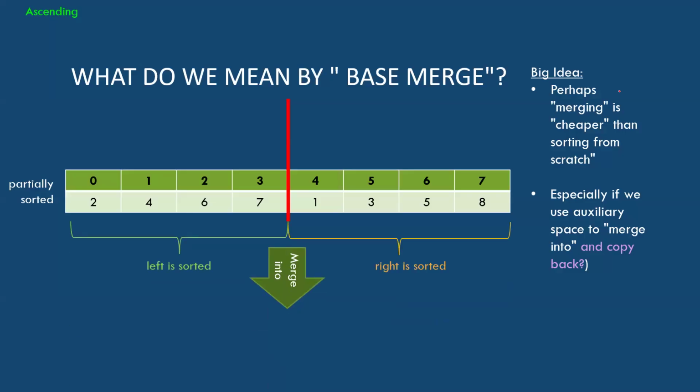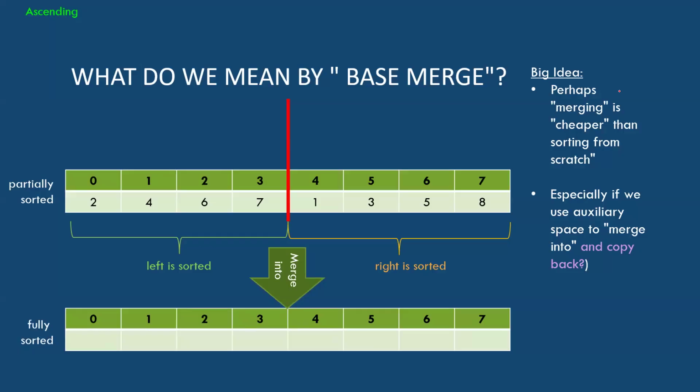The way we do that is to compare the leftmost elements. Whichever one we choose as the one that's copied over, in this case the 1, because we're doing an ascending sort, we move that pointer forward and compare again.